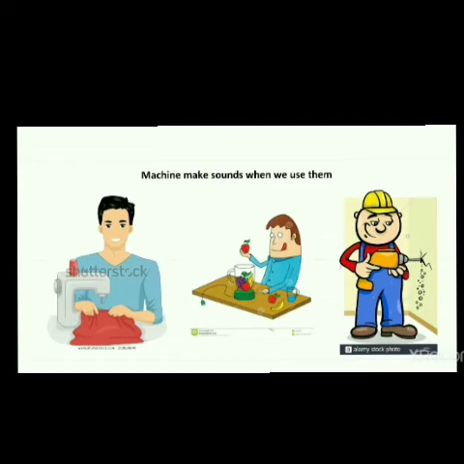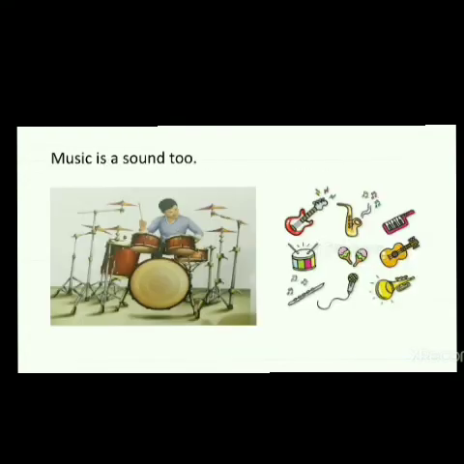And when we use a drill machine, then it also makes a sound. Now these all are musical instruments and we make a sound from these musical instruments, and music is a sound too. म्यूजिक भी एक साउंड होता है.